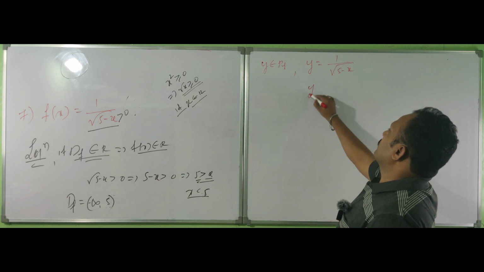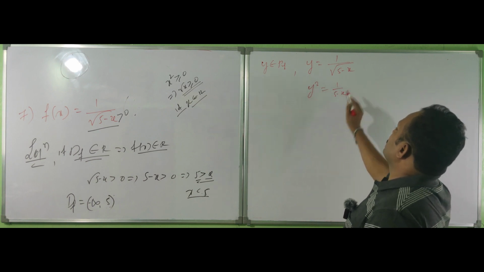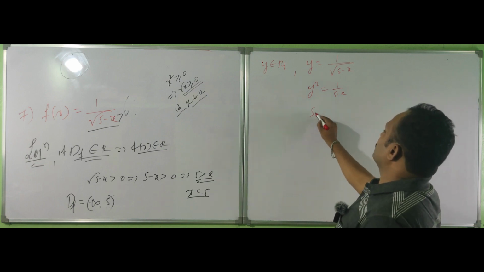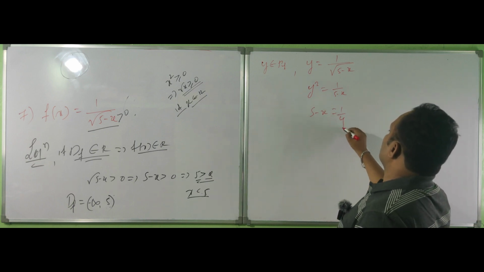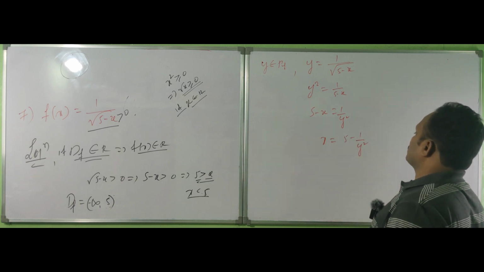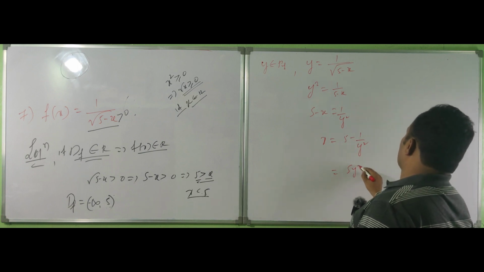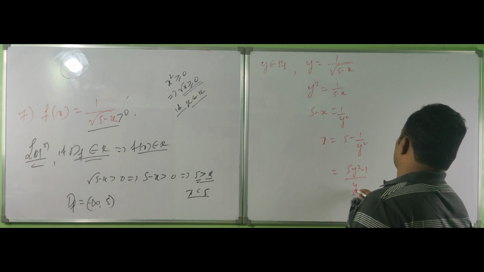Squaring on both sides, y square is equal to 1 by 5 minus x. So 5 minus x will be 1 by y square and x is equal to 5 minus 1 by y square.